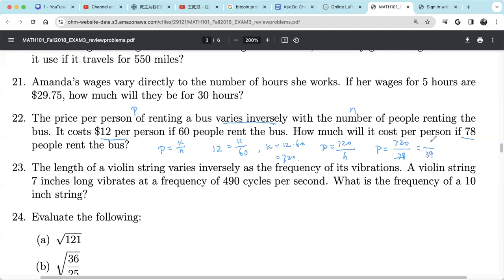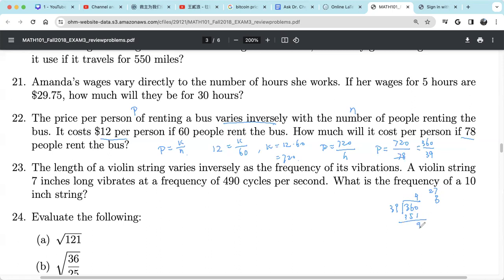Divide by 2, get 360. Now we have to round. So 360 divided by 39.